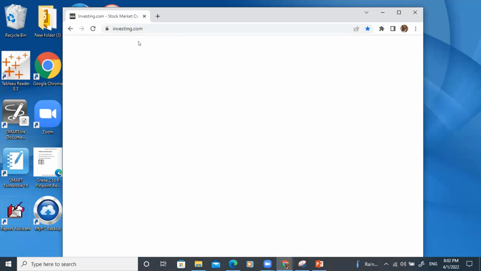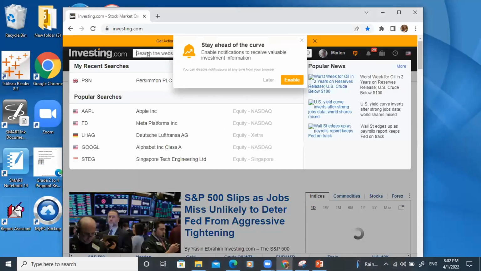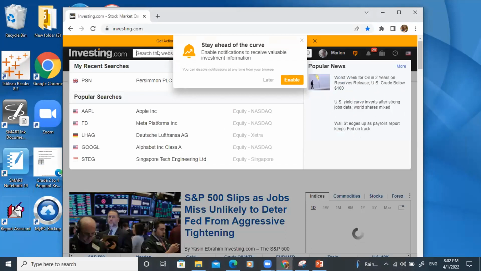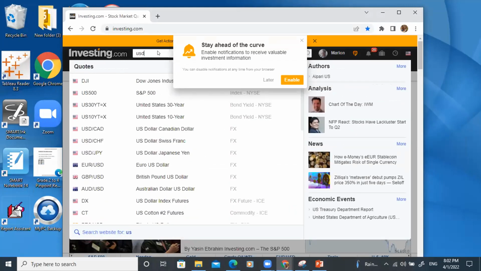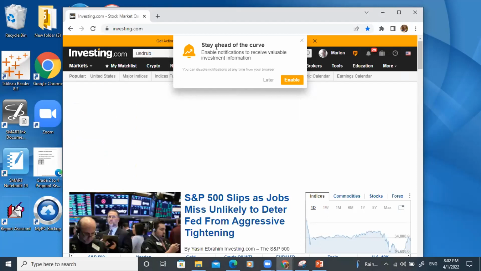And on Investing.com, let me look at the US dollar. Okay, this is the US dollar ruble.